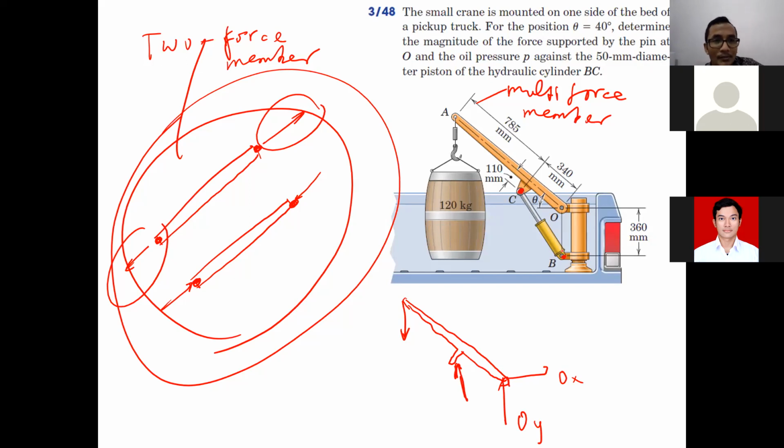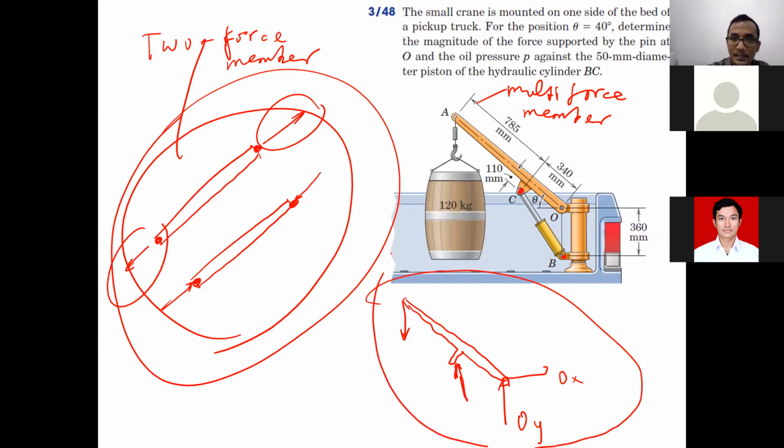Oke, tetapi kalau misalkan pada suatu batang, gaya yang bekerja itu tidak hanya ada di ujung-ujungnya. Sebagai contoh, misalkan batang ACO di sini. Batang ACO itu bukan batang dua gaya. Kita bisa lihat kalau saya gambarkan diagram bebasnya batang ACO. Gaya-gaya yang terjadi pada dia seperti ini.